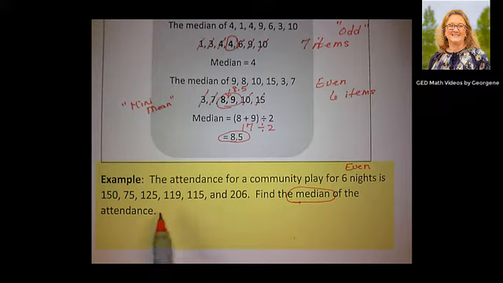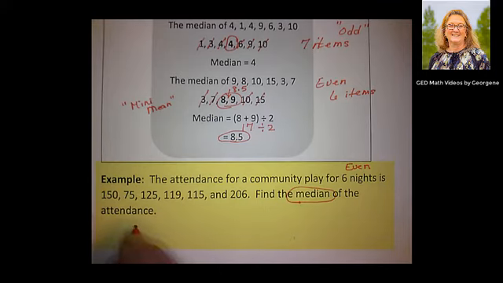So the first thing that I have to do is arrange all of these numbers, in this case all the data, in numerical order. One tip that I would suggest is that I always start with the smallest number and just cross them out so that you make sure that you get all those numbers.